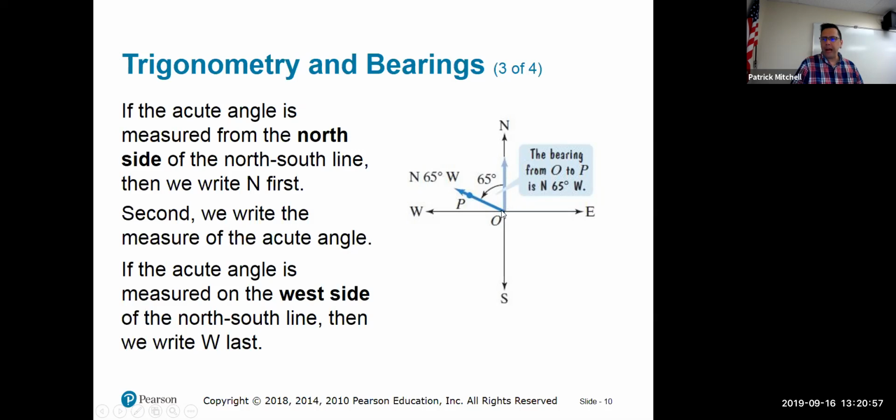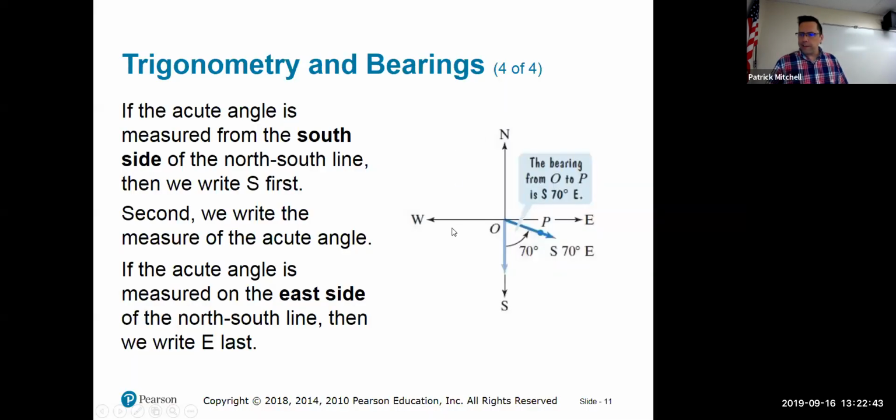The acute angle between this ray and the y-axis is 65 degrees. This time the point P is located to the west of the y-axis. So the bearing from O to P in this picture is north 65 degrees west.